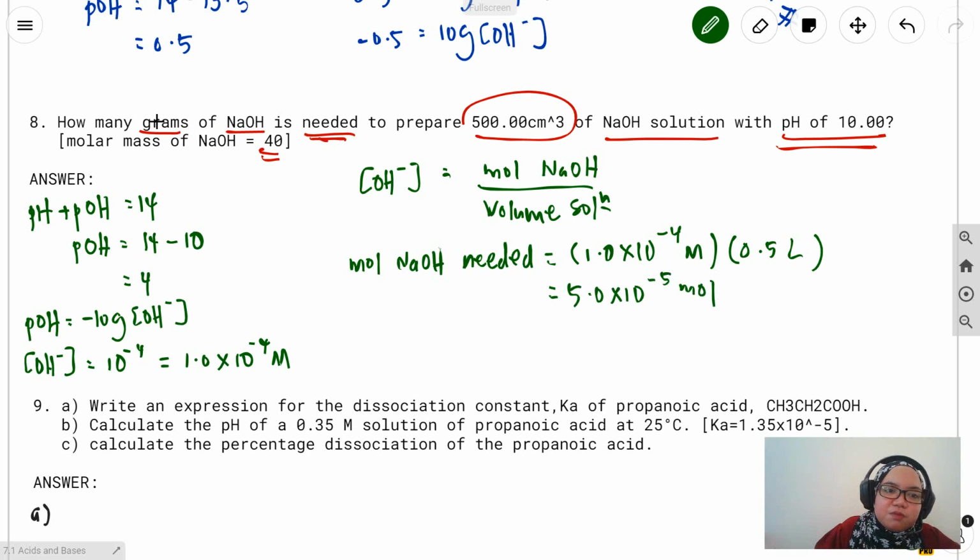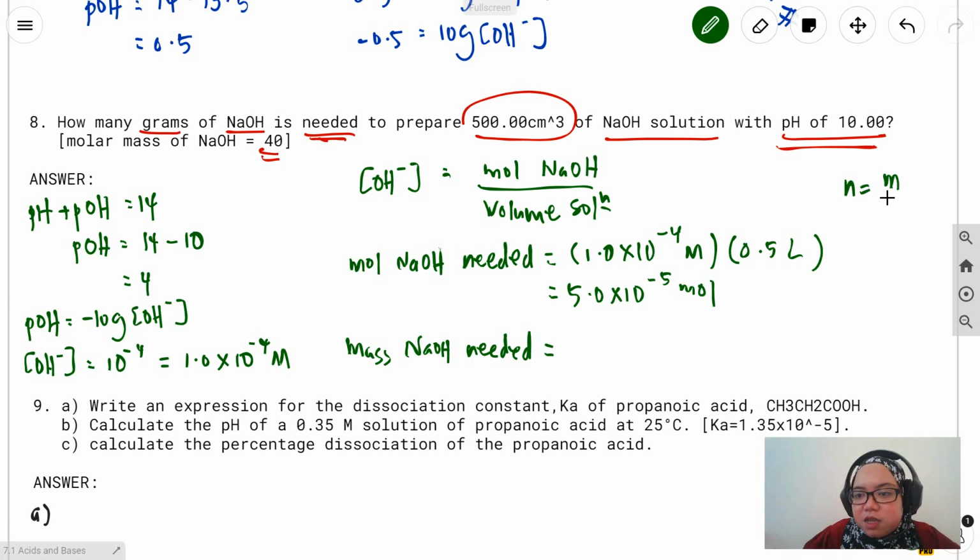We want to find it in grams, right? So we know that the mass of NaOH needed is then equal to mole times molar mass. We know that number of mole is equal to mass over molar mass. So to find mass, we multiply mole by molar mass.